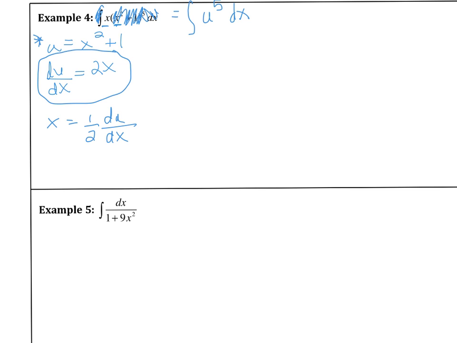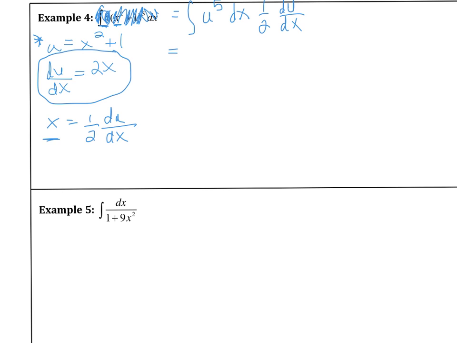That's something exactly equal to x that I can substitute in for x. So instead of writing x, I will write 1/2 times du/dx, and everything in my integral is accounted for.